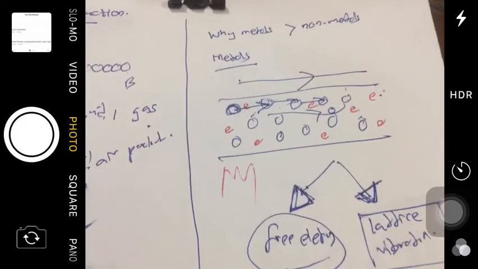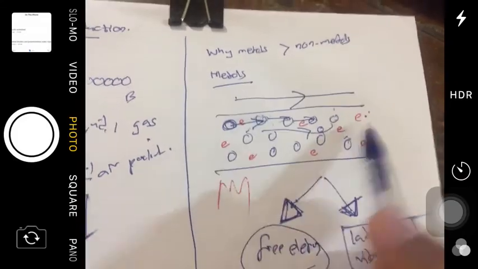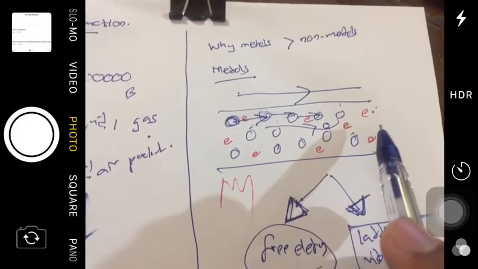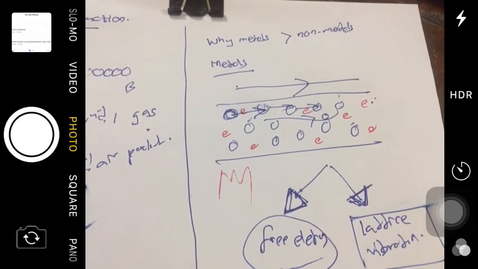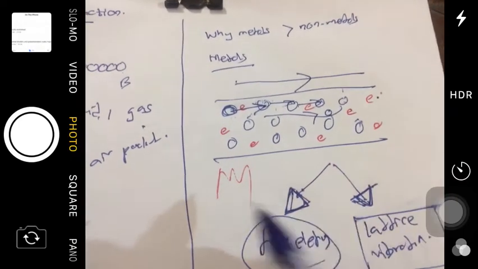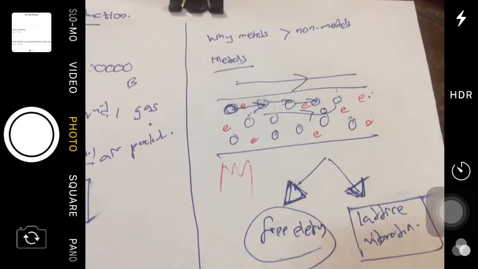So there's too much communication needed. So that's going to take a while. But the free electron method is very fast, but that is not available in non-metals. Okay. So that is the reason why metals are better in heat conduction compared to non-metals, though both are solids.